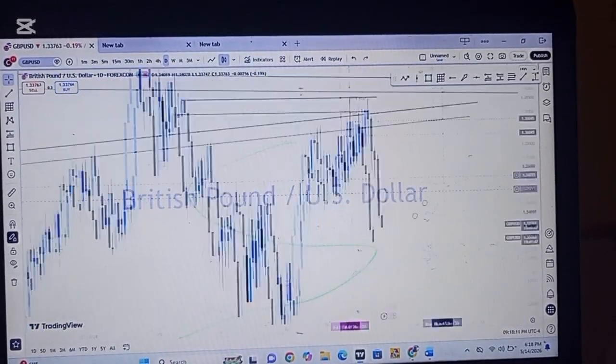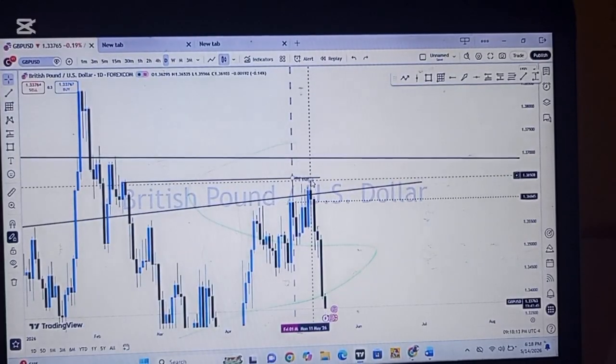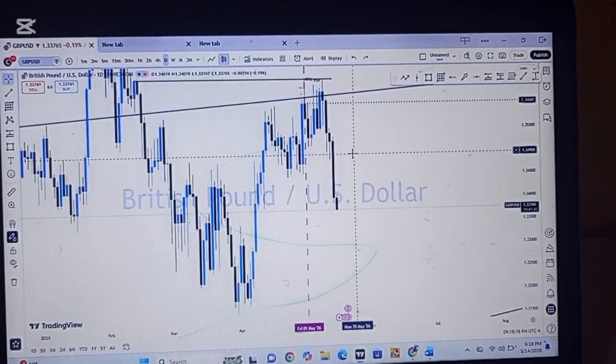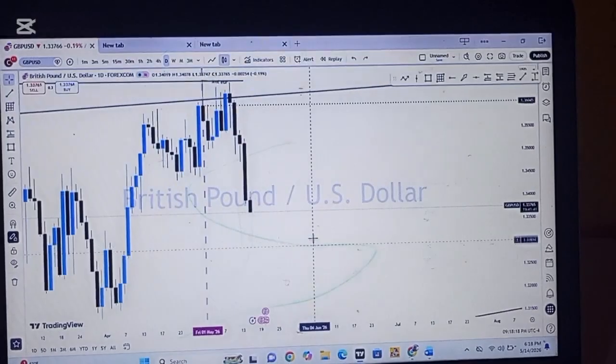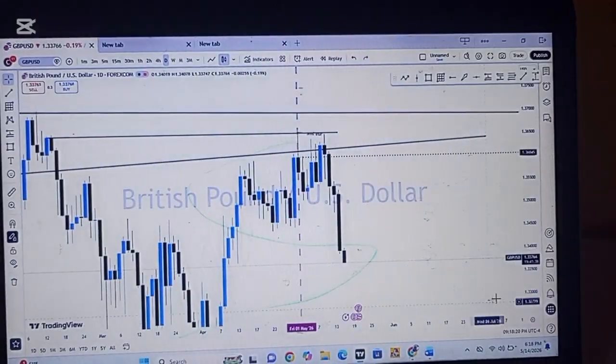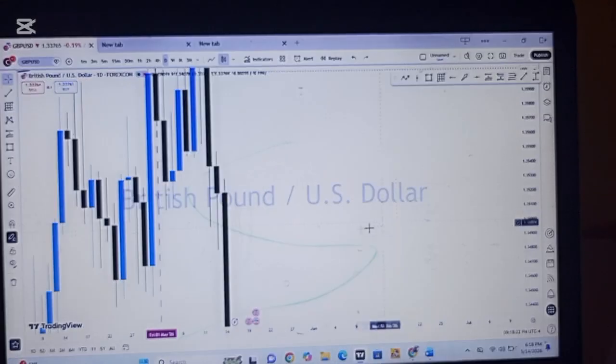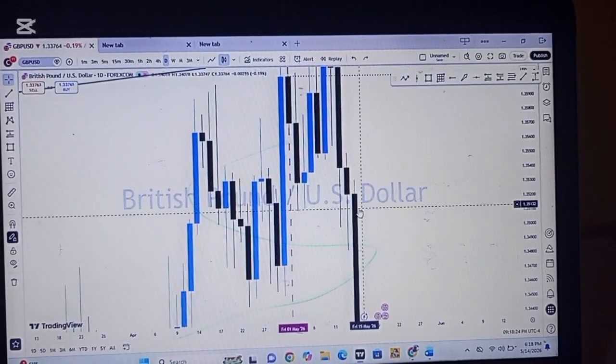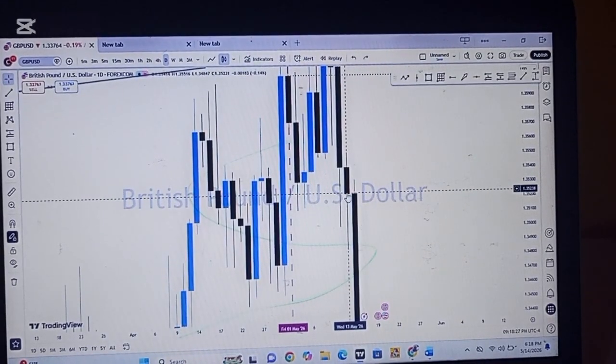Sell above the opening price at a key level. Short. How you add positions, you still use the same criteria. If you're adding positions, you still use the same criteria, nothing else.